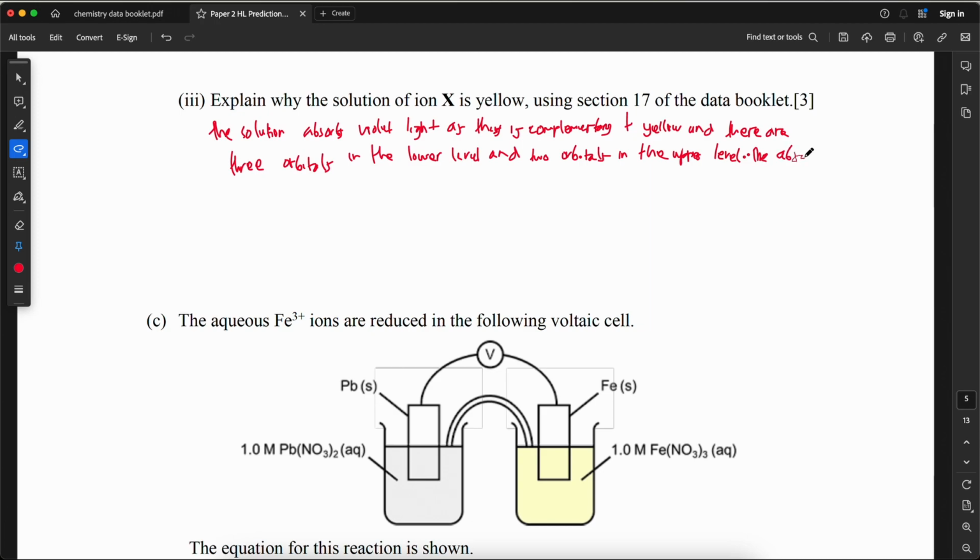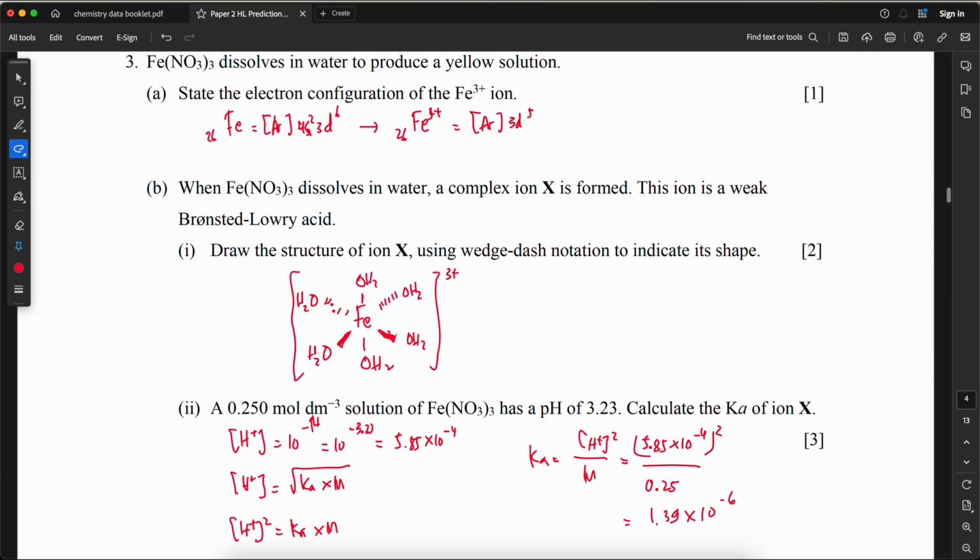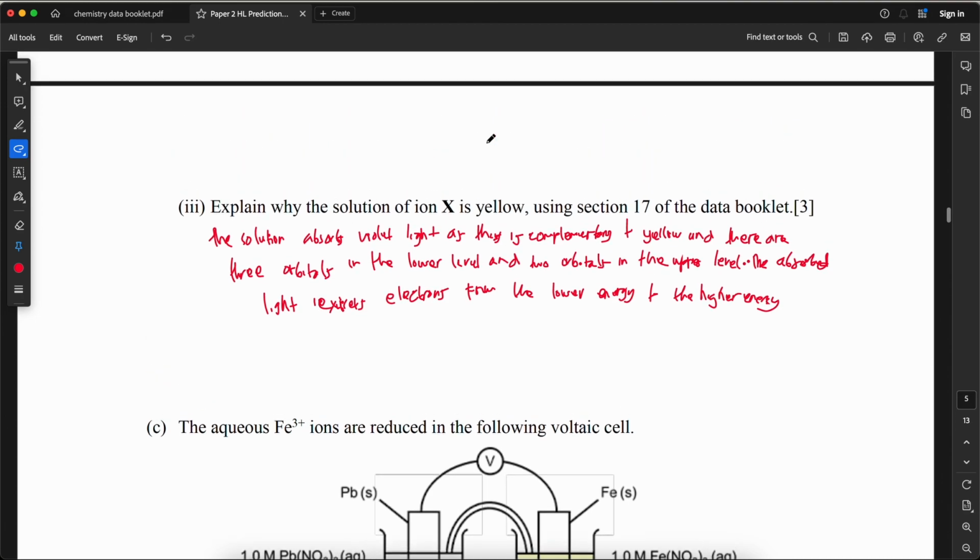The absorbed light excites an electron from the lower energy to the higher energy. So as you can see here, Fe, it's 3d5, Fe 3 plus.